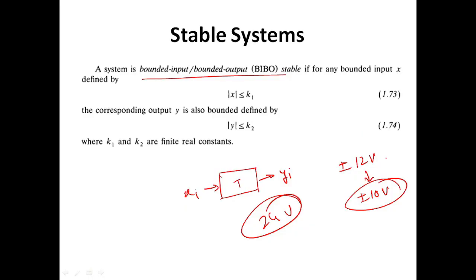So this is what has been written. Modulus of x should be less than or equal to k1, which is your boundary condition, and the corresponding output is also bounded, defined by y less than or equal to k2, which is again the upper limit of the boundary. Both k1 and k2 are finite real constants.